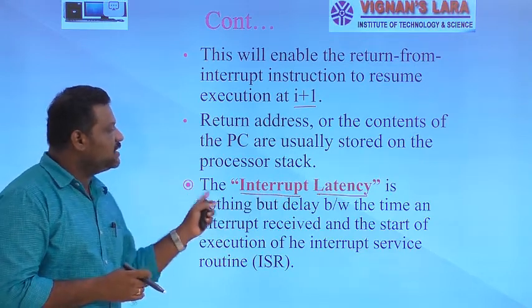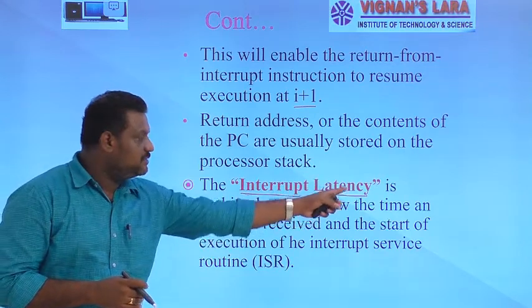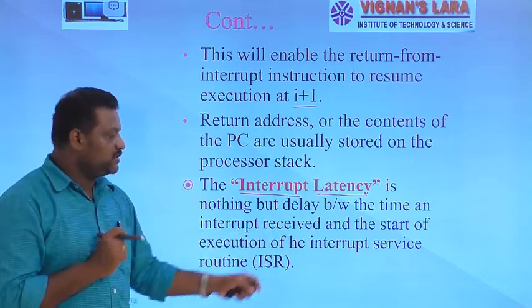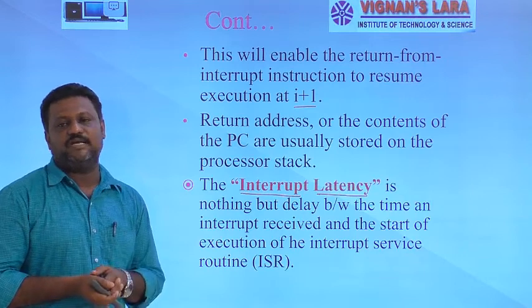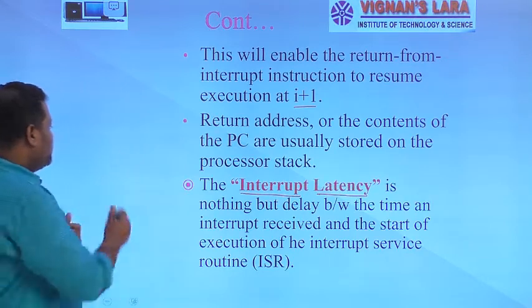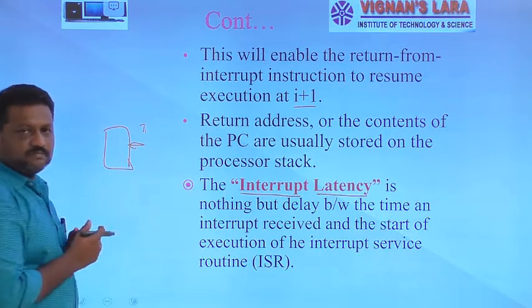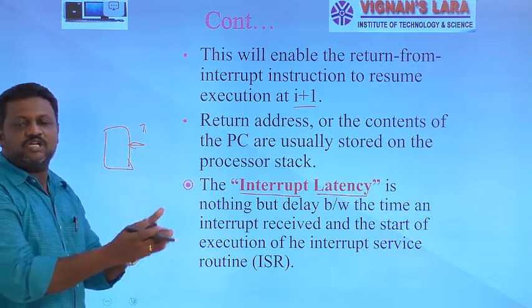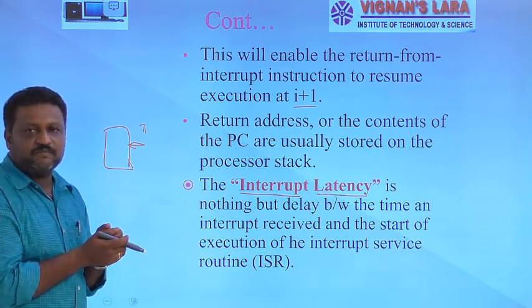So here I have written that interrupt latency is nothing but the delay between the time an interrupt is received by your CPU from an IO device and the start of execution of the interrupt service routine, ISR. For example, my CPU receives an interrupt at time instant T1, but it can't start execution of the service routine of the received interrupt immediately at the same time instant T1.